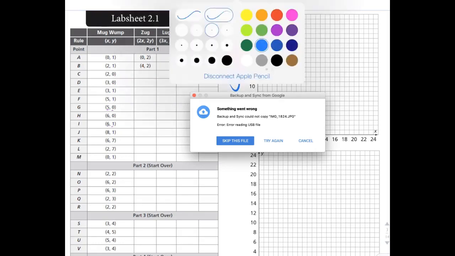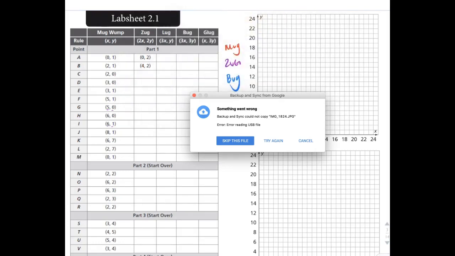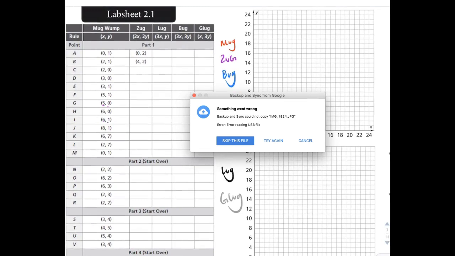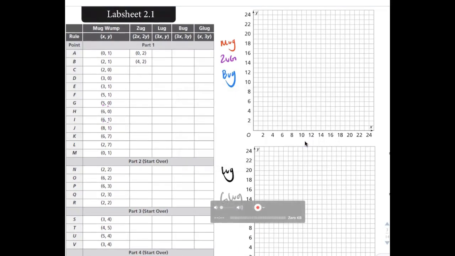The bottom one is going to be Lug and Glug. Most of the time people will forget as they're working, and they end up with too many characters in the wrong place. So please be a little wary of who goes where.